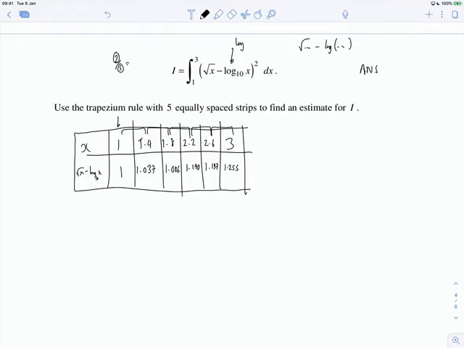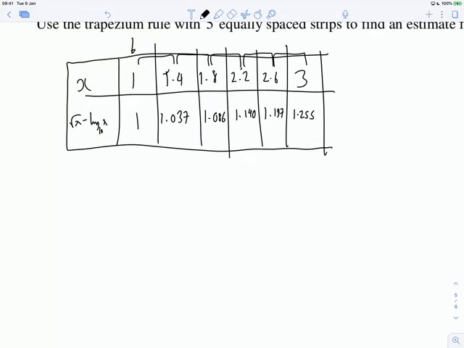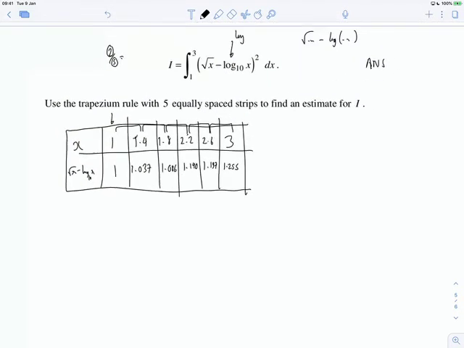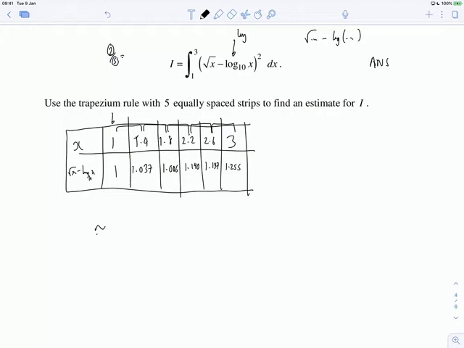Okay, so for the trapezium rule, you're given it, but it's going to be h over 2. So it's 0.4, so the integral, we're seeing I there, is going to be approximately equal to h over 2, so 0.4 over 2 is 0.2, times by the first value, which is 1, plus the last value, which is 1.255, plus 2 lots of all the ones in the middle, which is 1.037 plus 1.086 plus 1.197.